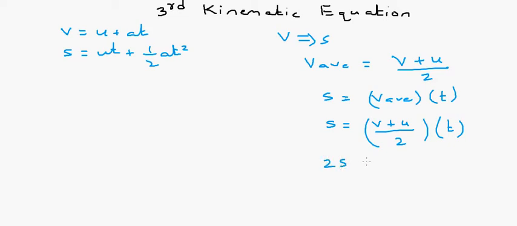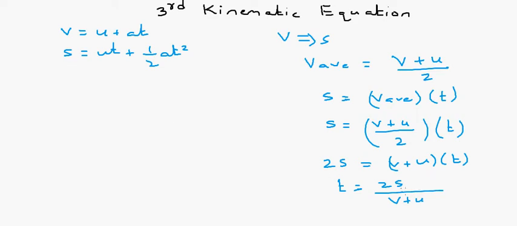So 2s is equal to v plus u multiplied by time, right? So if we take this on the other side, we're going to have t is equal to 2s over v plus u.